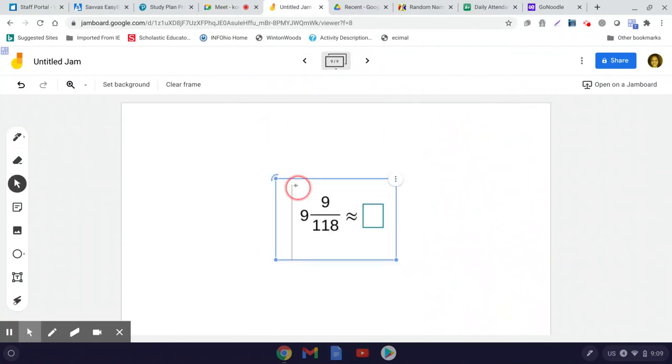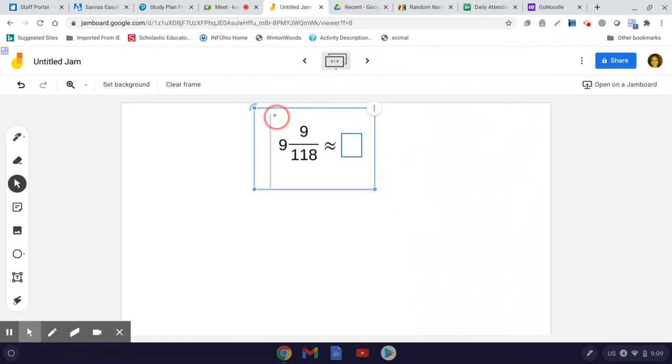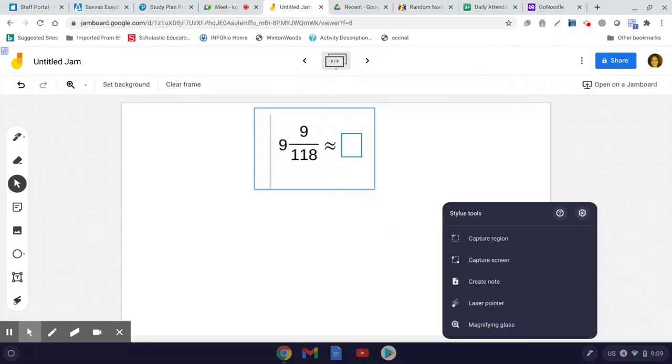For this problem, we need to decide whether it's going to be 9, 9.5, or 10, because we already have 9 wholes since we're dealing with a mixed number.